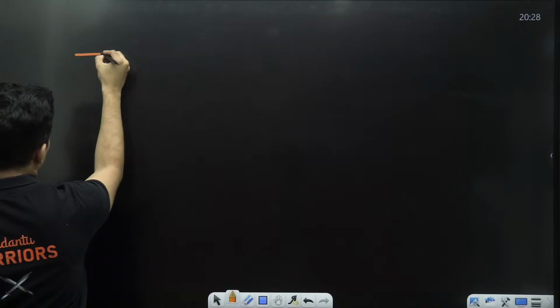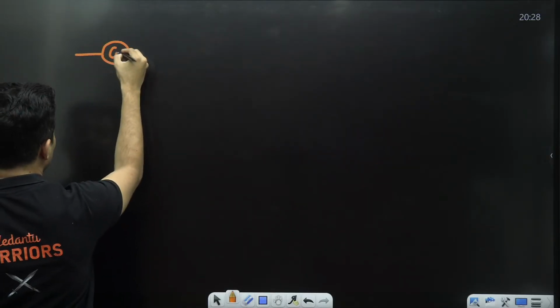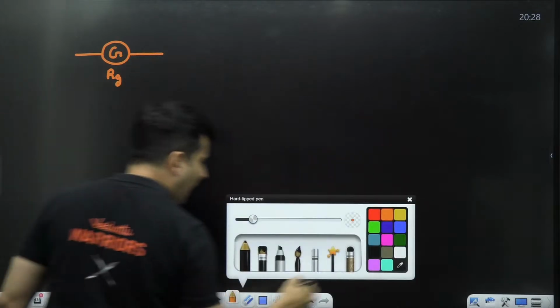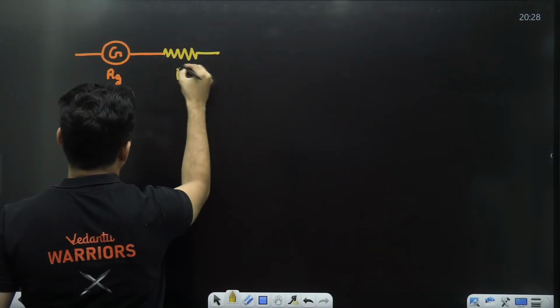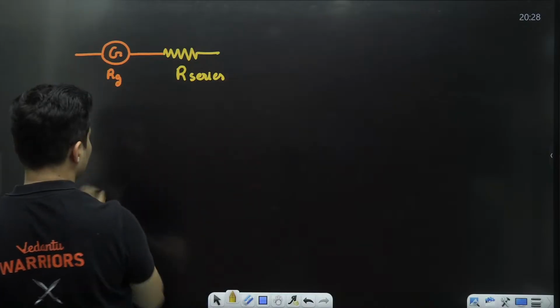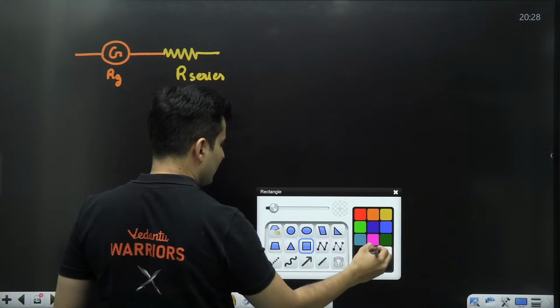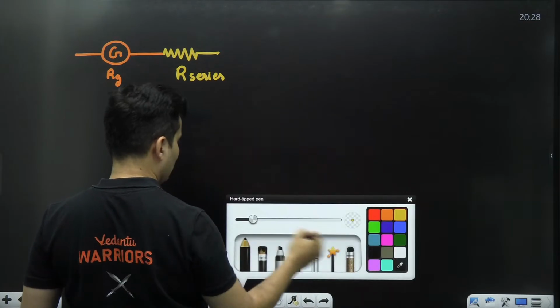No issues. You just take the galvanometer. It has Rg resistance. You add to it one more resistor, but this time this resistor is in series, not shunt, it is series. If you add both of them together, that's it, and you package it very nicely.